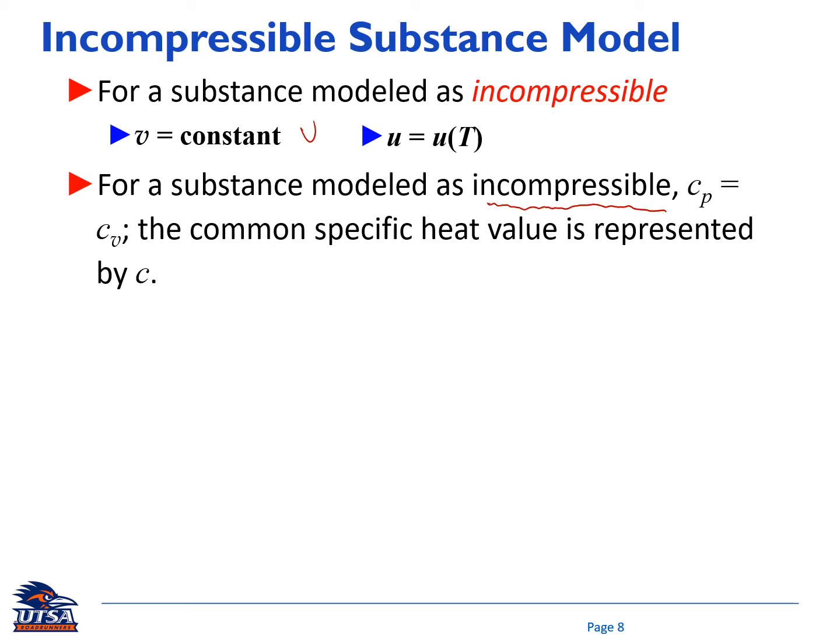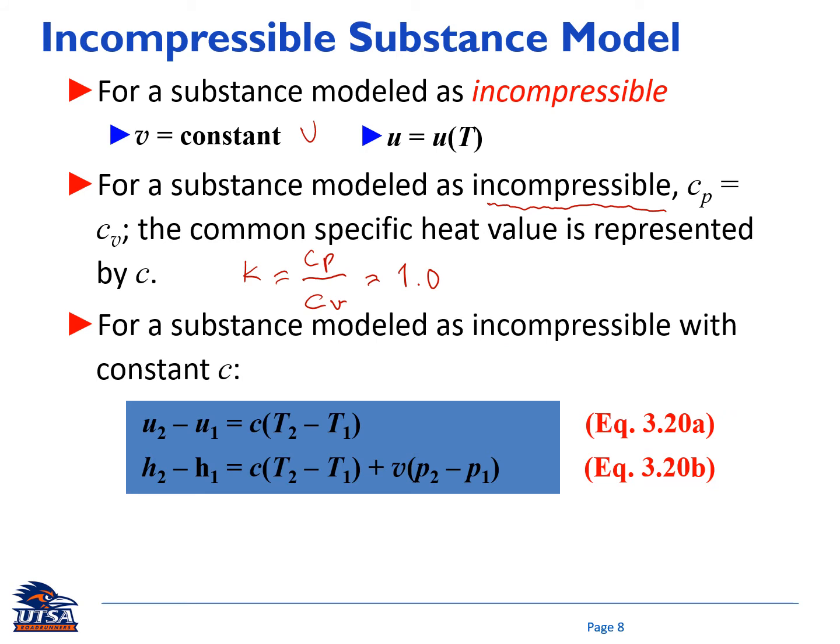If Cp equals Cv, what is the value of k? If you remember, k equals Cp divided by Cv. So for an incompressible substance, the specific heat ratio equals 1.